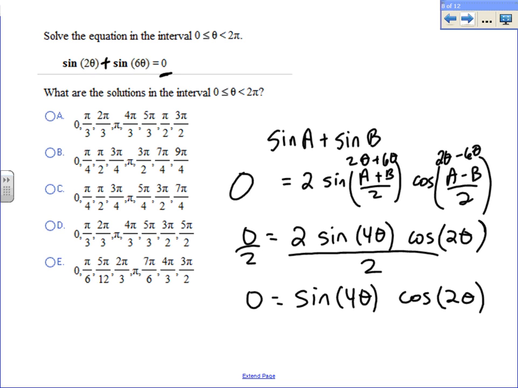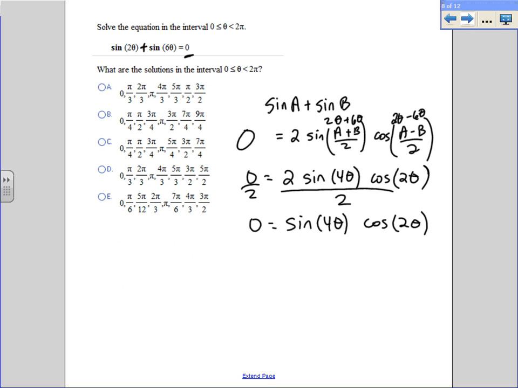Now, since this is a product, all I have to do is just set both of these equal to 0. Now notice a problem that I'm going to have with this is I have those coefficients. And so for those coefficients, you have to look at the general form of the answer to get all the answers that are going to be true here. So let's look here at the first one, sine 4 theta. We'll see what makes it 0 and see what makes cosine of 2 theta 0 also.